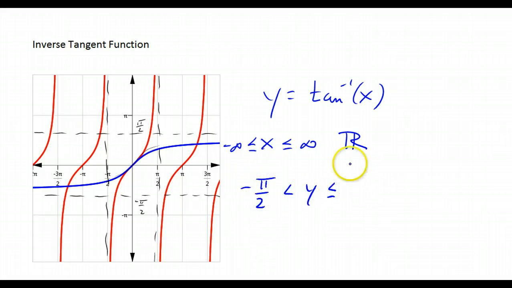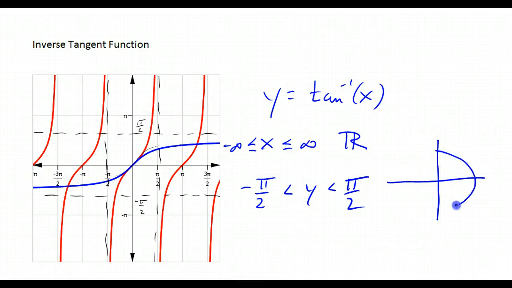Not equal to, but between. I said equal to, and I shouldn't have done that. Okay, so practically speaking, that means that the answers you're going to get from arctan are going to be the same as the answers you get from arcsine. Only angles between 0 and +pi/2 and 0 and -pi/2.